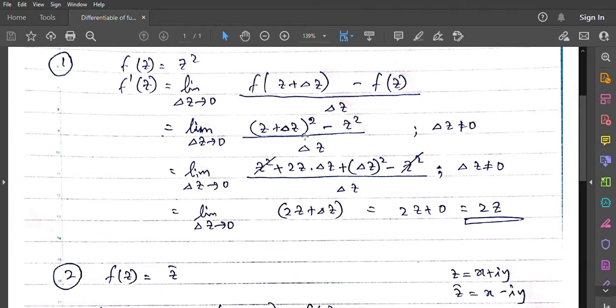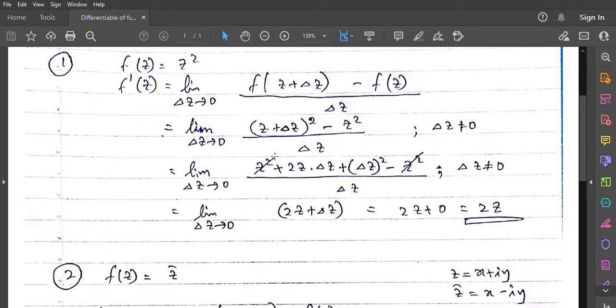So you can expand this: z square plus 2z times delta z plus delta z square minus z square.